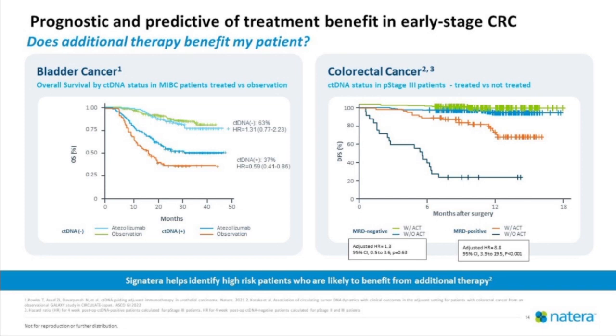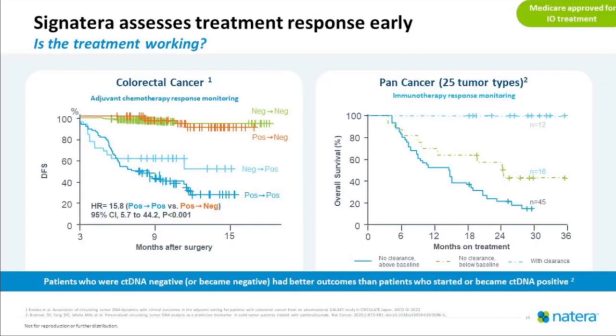Obviously, the biggest difference here in colorectal cancer in your right panel is between the orange marker here and the black marker below, with MRD positive tests showing a significant improvement in patients who've received chemotherapy versus not. So it's really an amazing platform to identify whether or not patients would benefit from adjuvant chemotherapy.